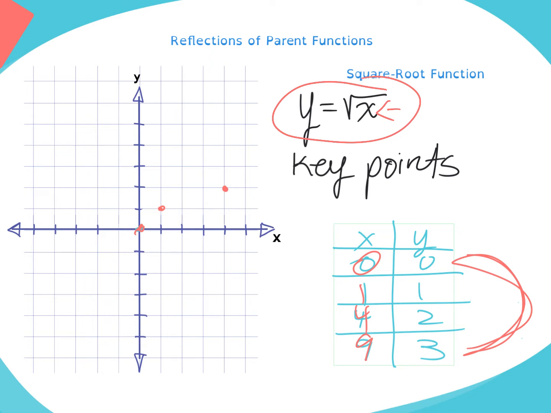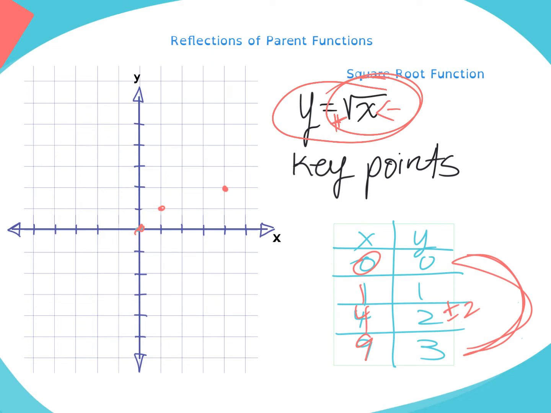Now somebody asked me in class today, wait a minute, why is it that we don't have the positive and negative value here? Look at this. You are given the square root. The equation is a square root, and it has a positive in front of the root for the moment. So what I'm asking for is the positive square root of x. This is how you have to look at it.